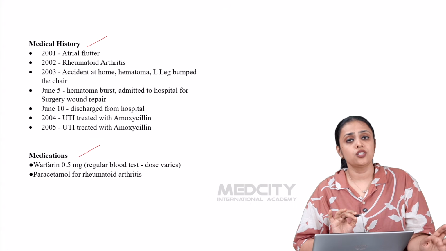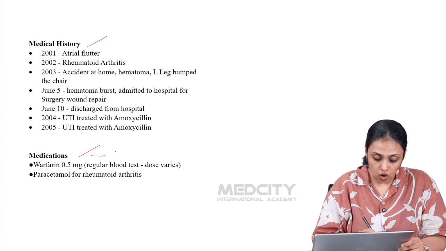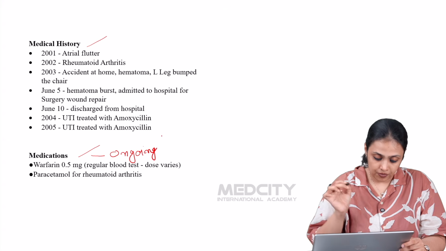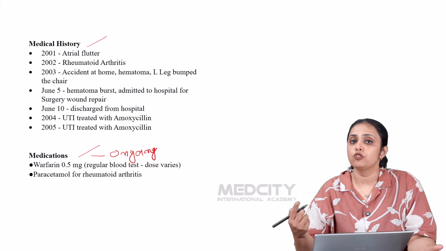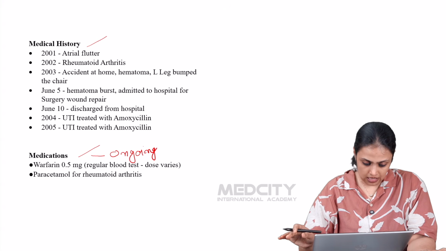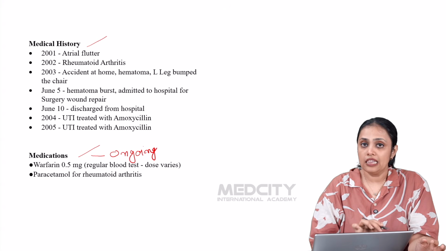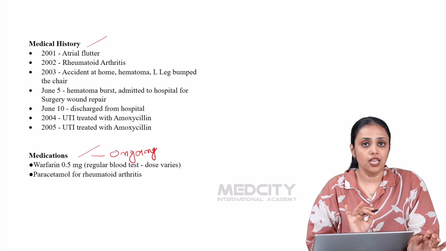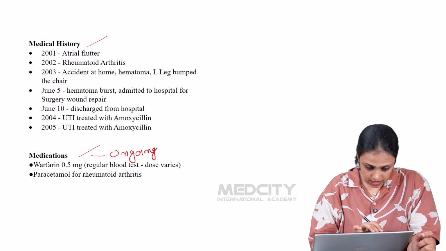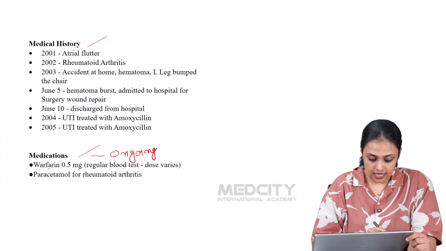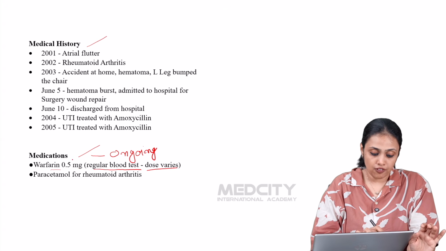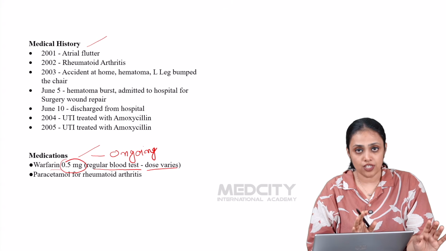What do the medications indicate? These are the routine or ongoing medications of the patient. Ongoing medications will have to be continued. In such a case, the health conditions for which the patient is on these medications should definitely be included in the letter. We see warfarin 0.5 mg, regular blood test, dose varies, which means that this 0.5 mg is not a fixed dosage.